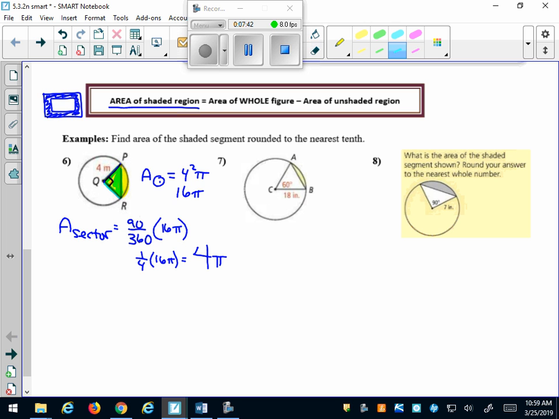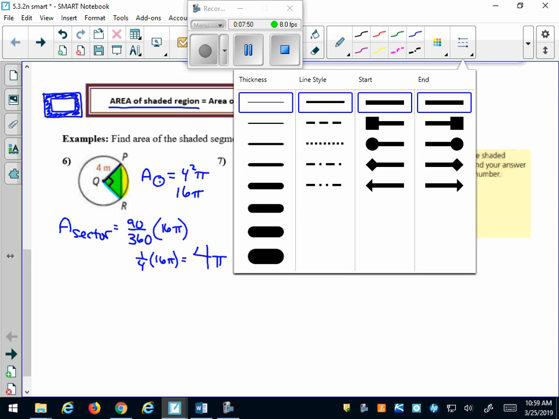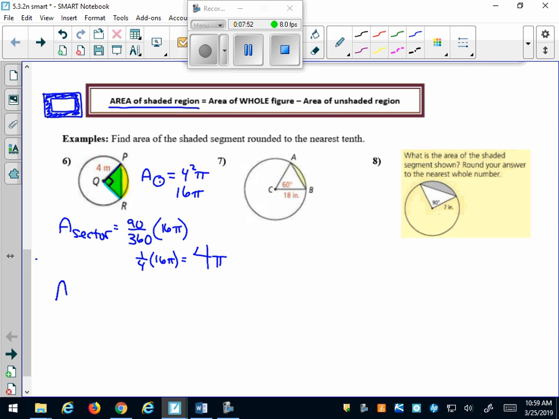this triangle. So, next thing we need to do is find the area of that triangle. One half BC sine A is 1/2 times 4 times 4 times the sine of 90.